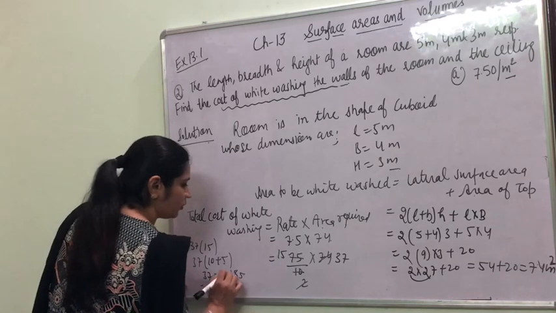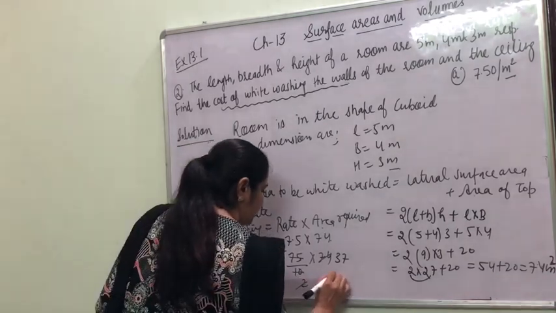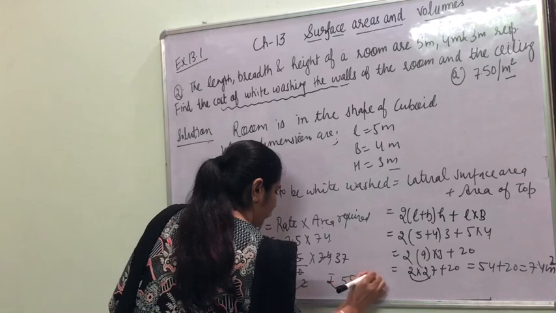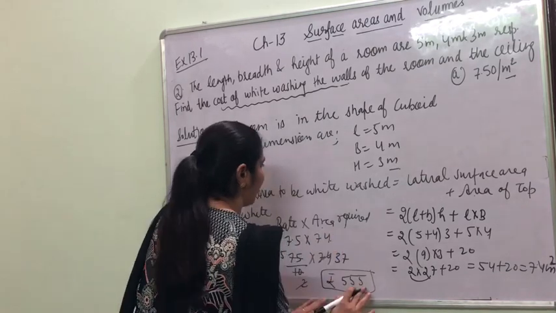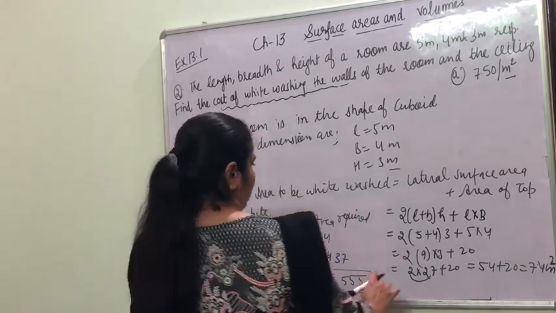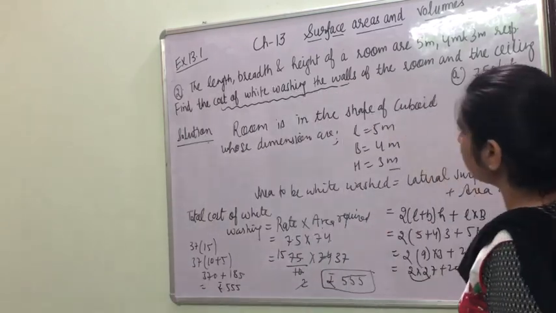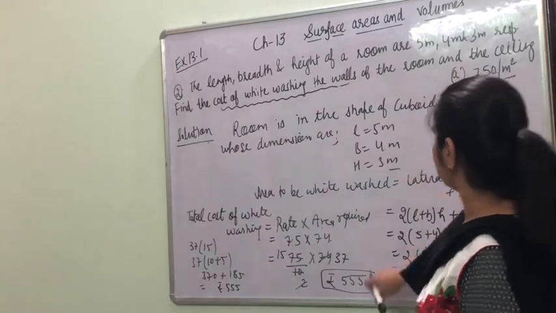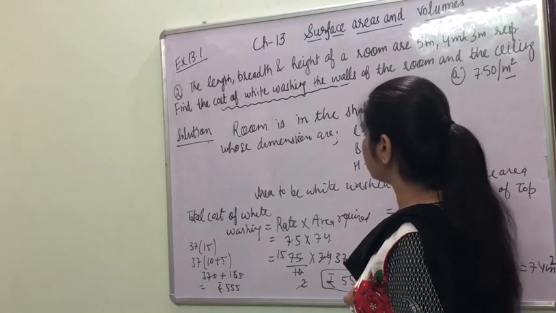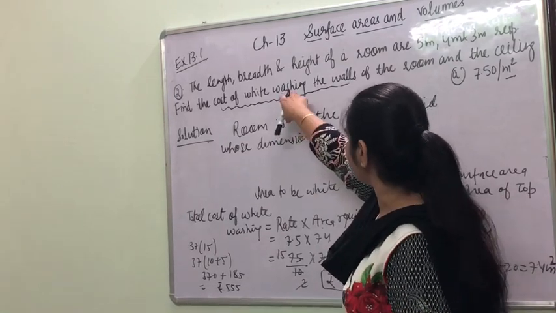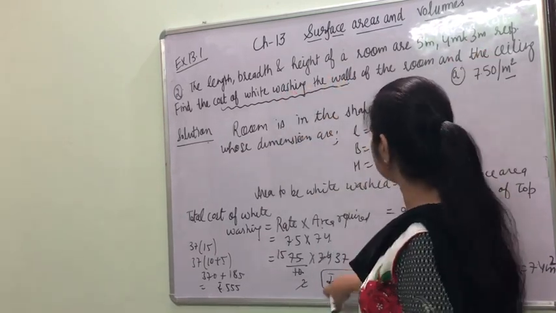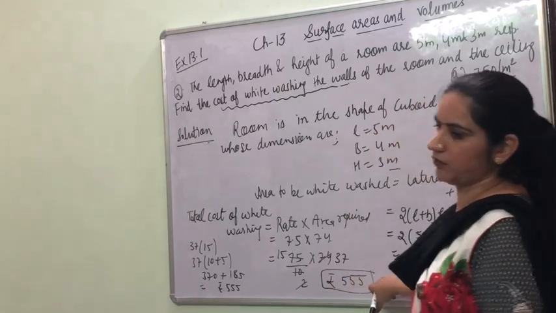So the total cost is rupees 555. Answer statement you have to mention at the last: therefore the total cost for whitewashing the walls and the ceiling is rupees 555.